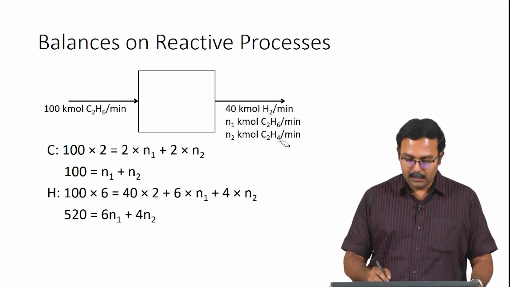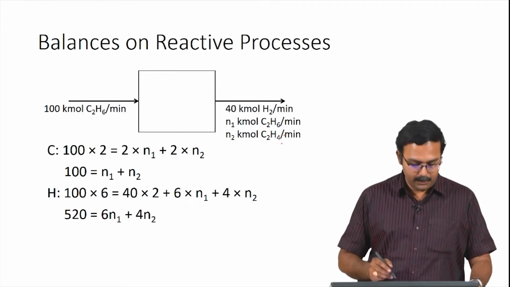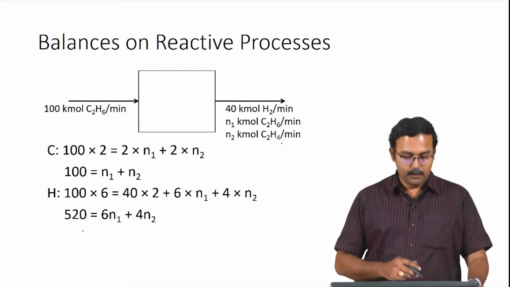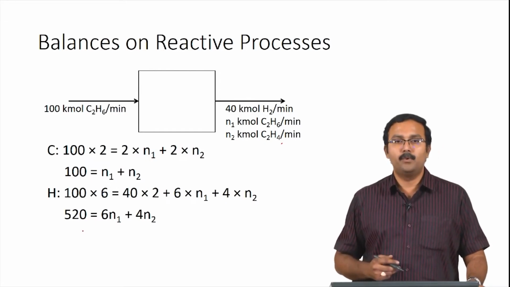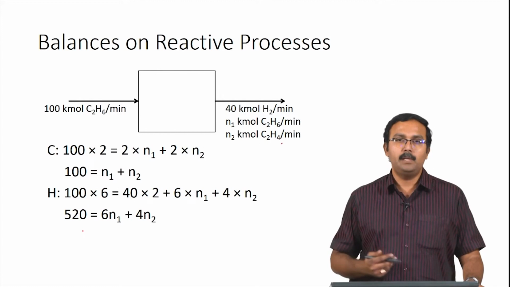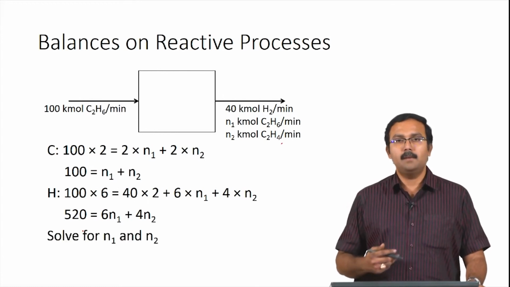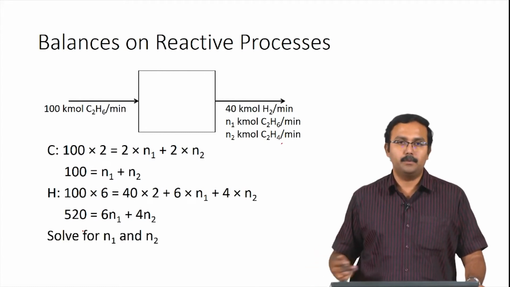So, substituting all these values, you end up with 520 equals 6 N1 plus 4 N2. We now have 2 equations and 2 unknowns. These can be used to solve for N1 and N2.